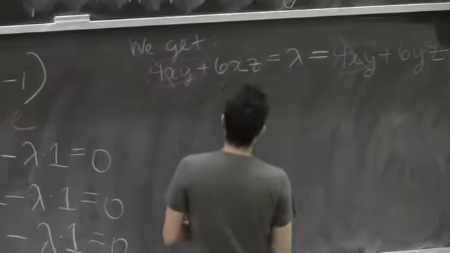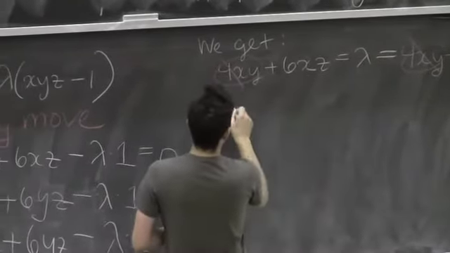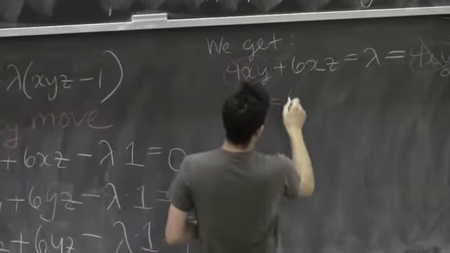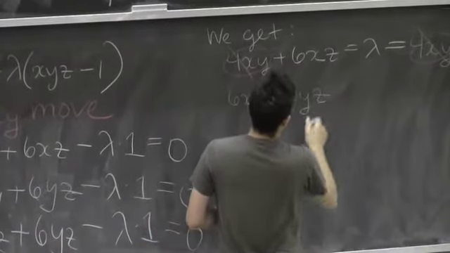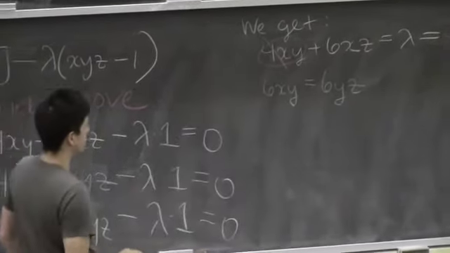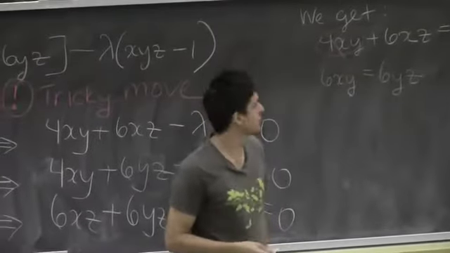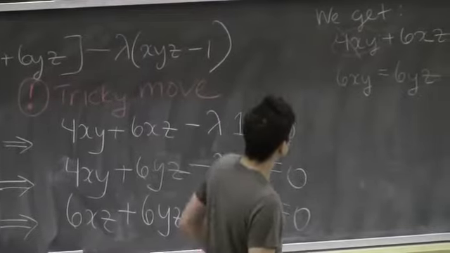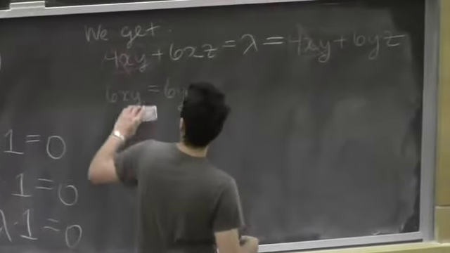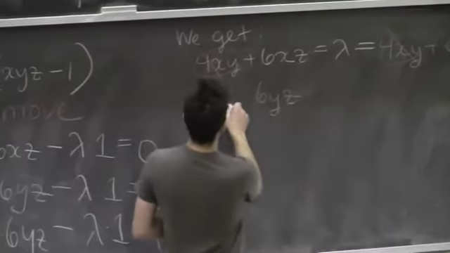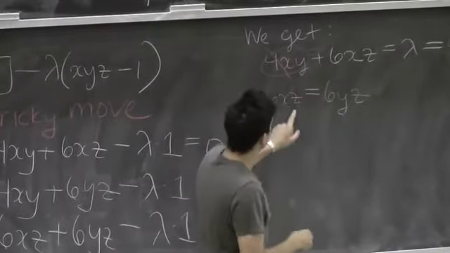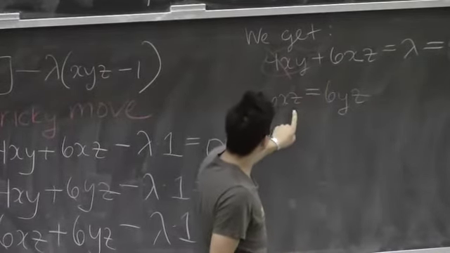These guys cancel, and we get 6xy is 6yz. Okay, so there's two ways this could go. Oh, sorry, 6x. There's two ways this could go.